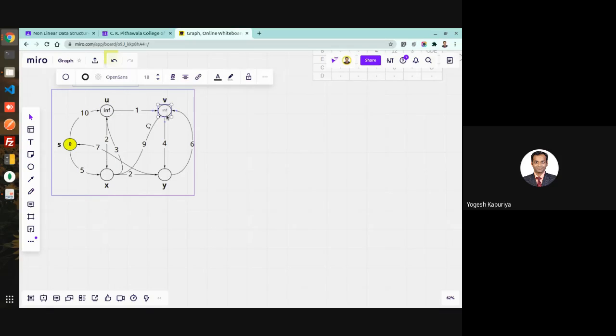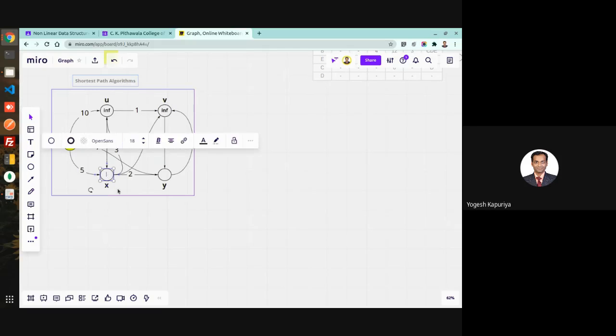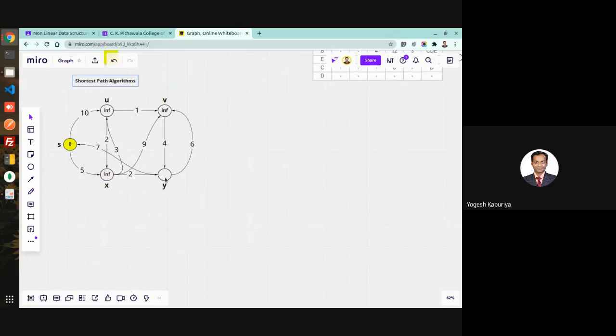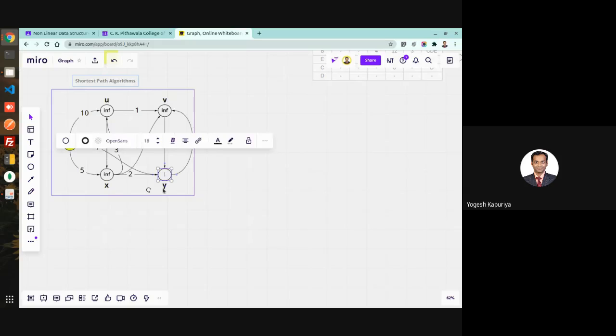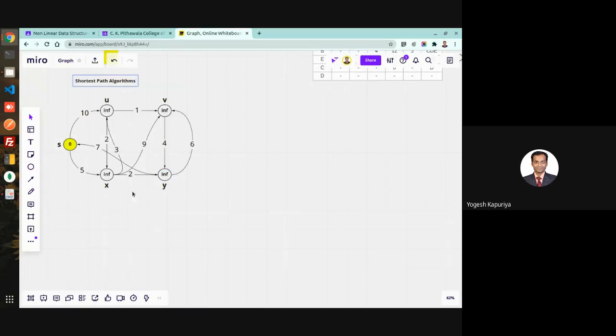So let us mention the total weight itself here. So this is infinity, this is also infinity, and this is also infinity. What this actually indicates is that S is not currently connected to any of these vertices, and that's why the total weight is infinity.